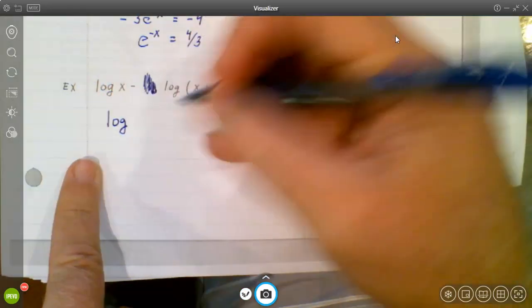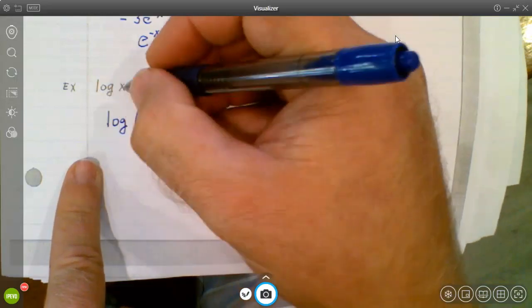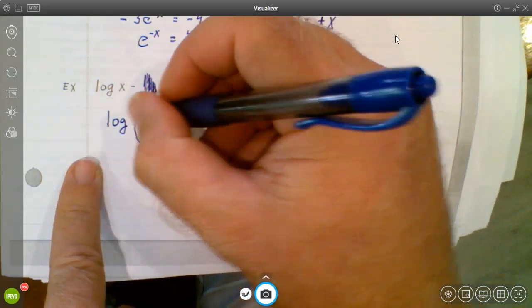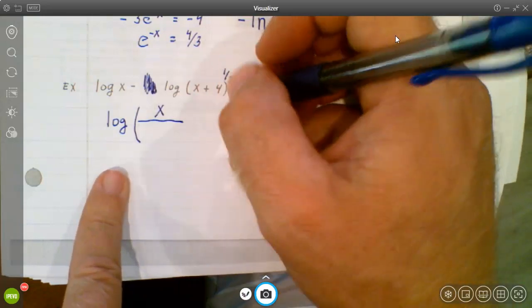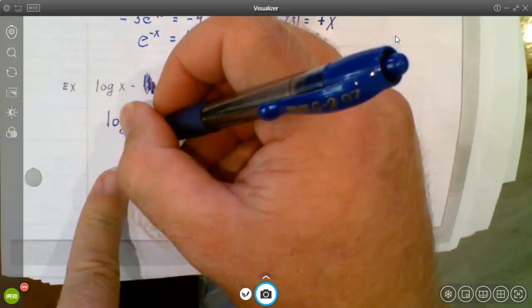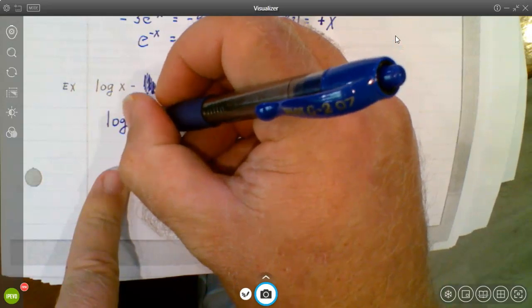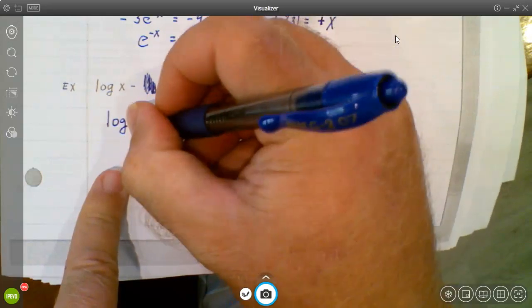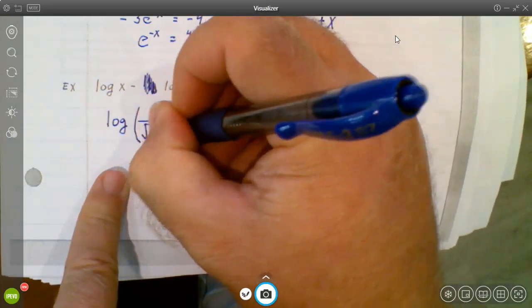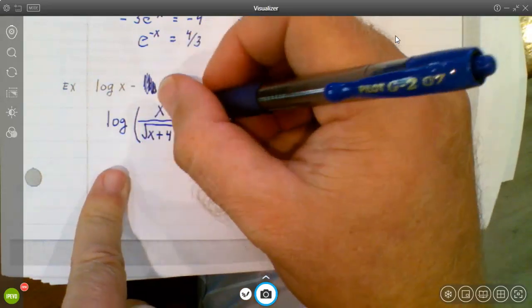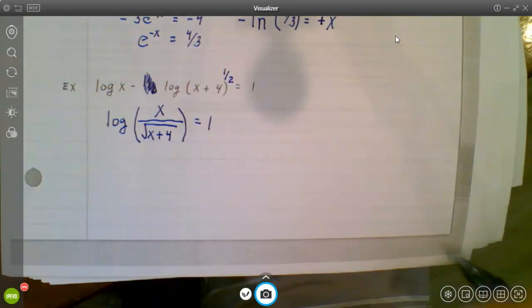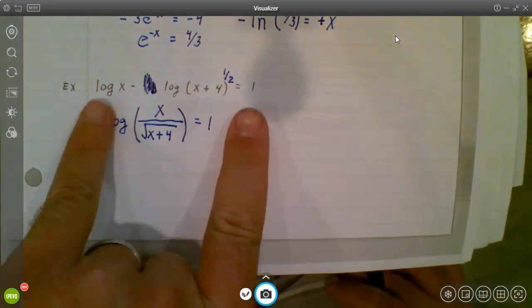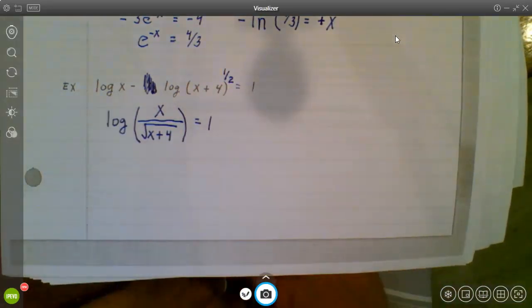Remember, this is subtraction, so we're using the quotient rule. The positive one goes on top. The negative goes on bottom. So square root of x plus 4. And you could have left it as a 1/2 power. So all I've done so far is take those two logs and combine them into a single log.